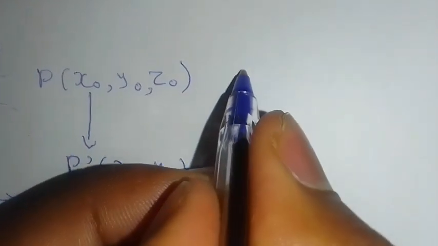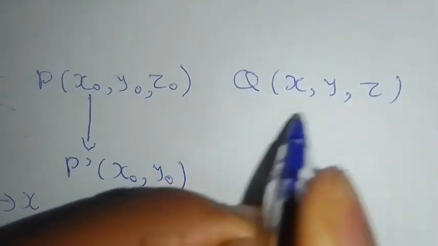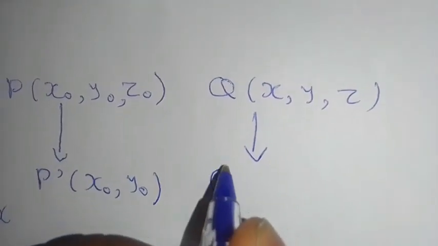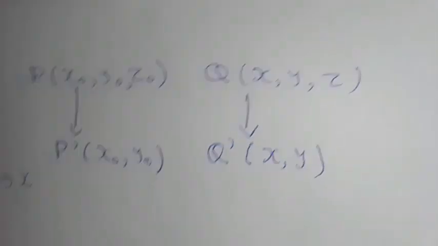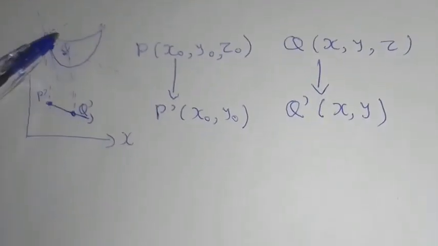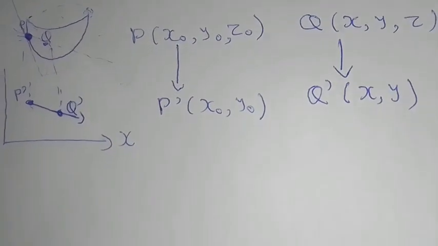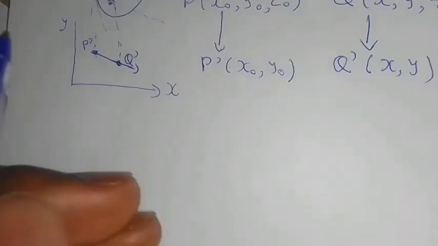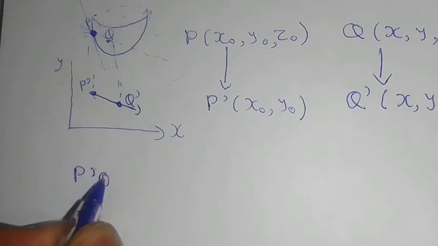Similarly, we can do the same with Q. We can give Q the coordinates x, y, and z, and then the projection of Q will just be x and y. We're just projecting this into an xy plane. When we have that, if you remember from 1644, you have P prime Q prime, that vector here.